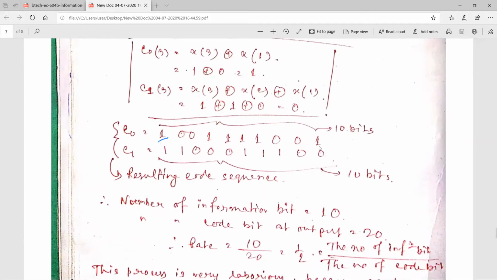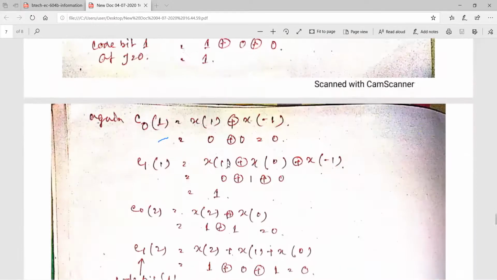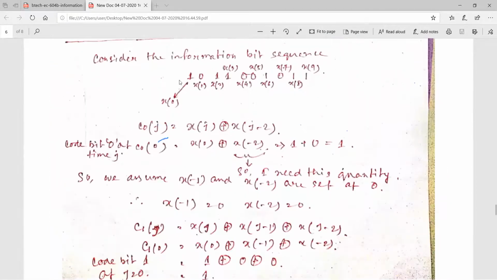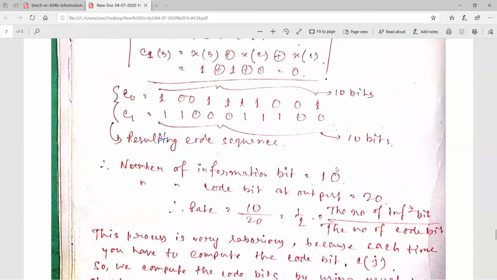So for one input information bit sequence, where the number of bits was also 10, we have got the total encoded bit representation of 10 bits for C0 and 10 bits for C1, so the total is 20.